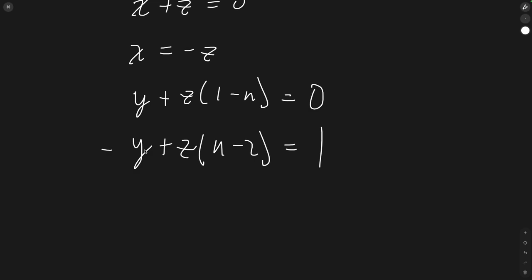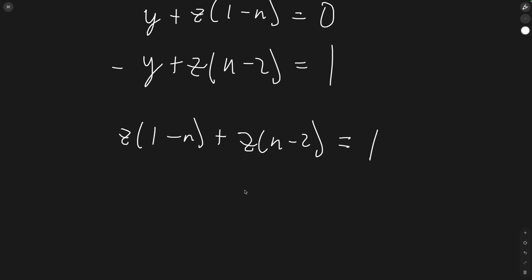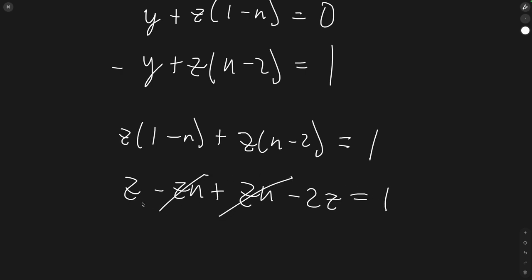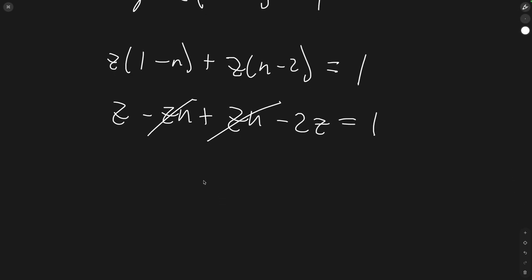So we have y minus y, that's 0. z times 1 minus n plus z times n minus 2 equals 0 plus 1, that's 1. And now I'll distribute this z, so z minus zn plus zn minus twice z equals 1. Negative zn cancels with positive zn. z minus 2z is negative z equals 1. That means z equals negative 1. All right.